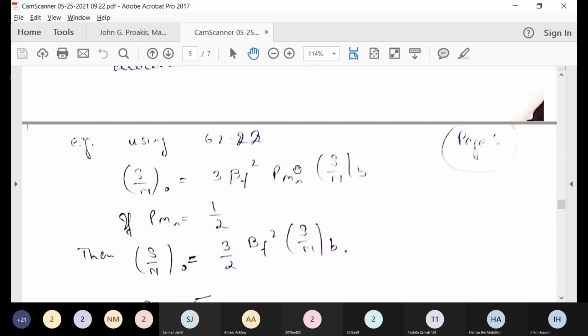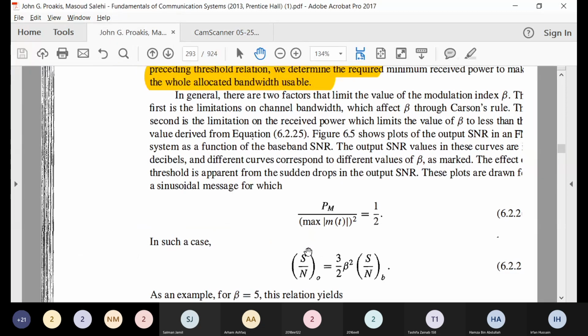So if I choose the average message power as half, the signal to noise ratio at the output comes out to be 3/2 times this. The same thing is written here.